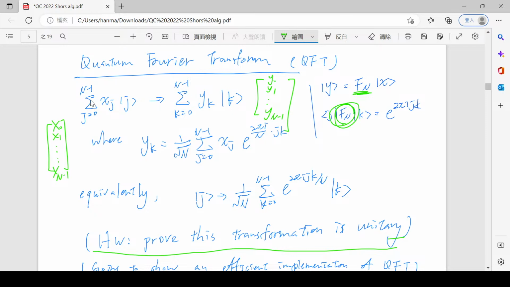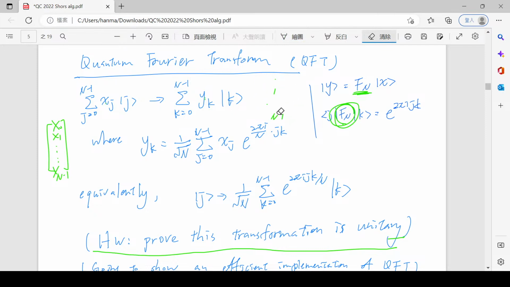So you also have all the basis vectors. The k and j are both dummy variables, but we use different dummies to make the notation clearer. So this k is also just computational basis from 0 to n minus 1, and you have amplitudes being all those yk, and then yk is related to xj by this same formula.